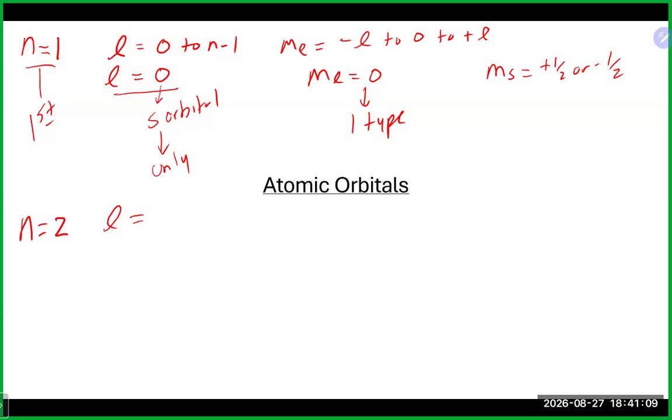But it could have a value of 0 to n minus 1, which means on the second energy level, I have a 0, and I could have a 1 for the value of L. As we just talked about, the 0 here represents an s orbital, which means it's on the second energy level as well. If you did that for all the energy levels, you will always hit a value of 0 for L, which means on every energy level, there is an s orbital. Any questions on that?